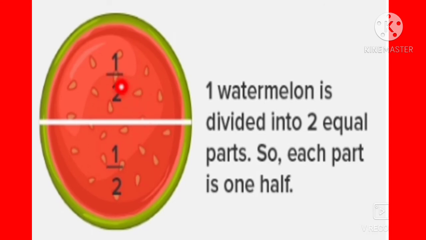When the one watermelon is divided into 2 equal parts, so each part is 1/2. And here we can call 1/2 as semi watermelon.